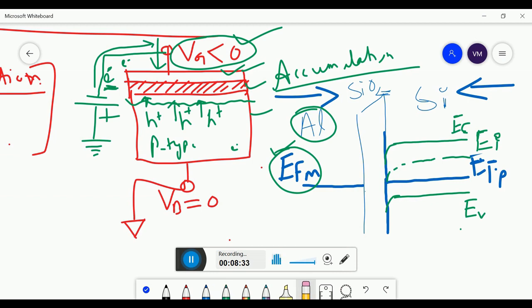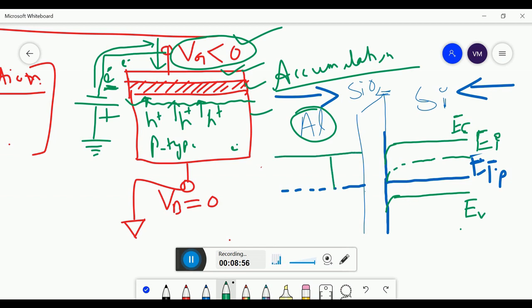We will draw this again. This was the original Fermi level of the metal, and now the new Fermi level of the metal goes towards the conduction band.